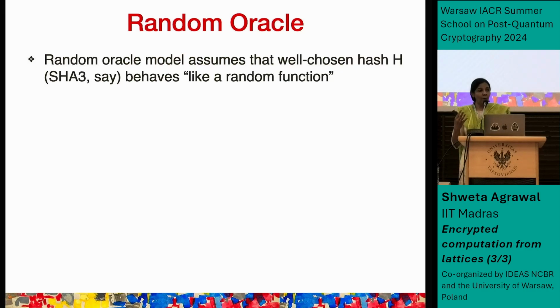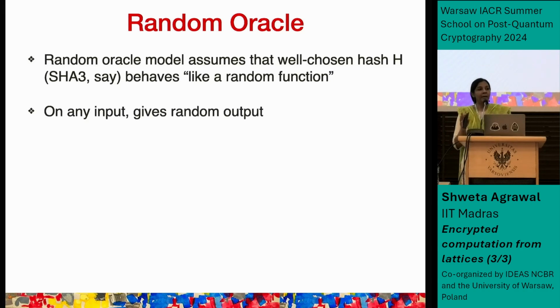Now the random oracle model, which is a very famous model in cryptography, assumes that a well-chosen hash function such as SHA-3 behaves like a random function. What this means is that it's assuming this hash function, on any input, gives me a random output. So it's behaving like a totally random function.